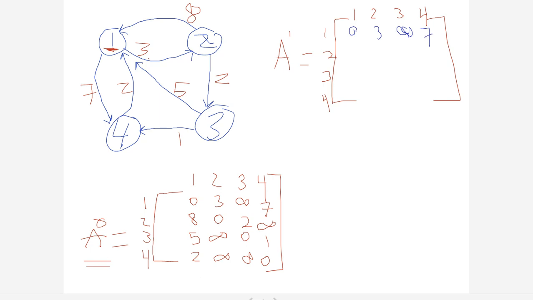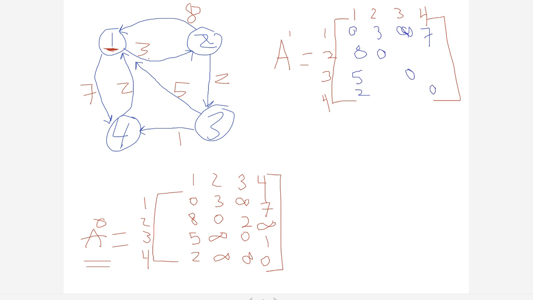And the column stays the same, 8, 5, and 2. Nothing to do with it. Since there are no cycles, the diagonal will also be kept the same: 0, 0, 0.